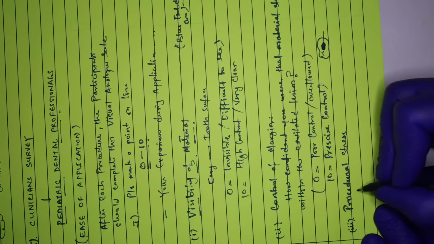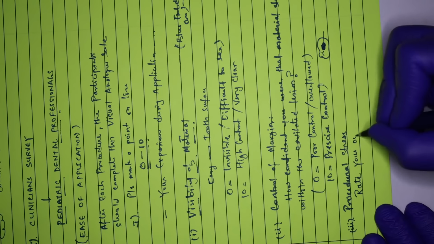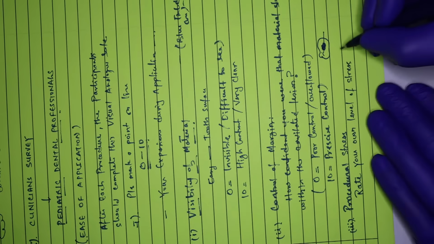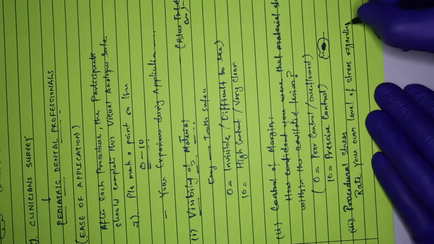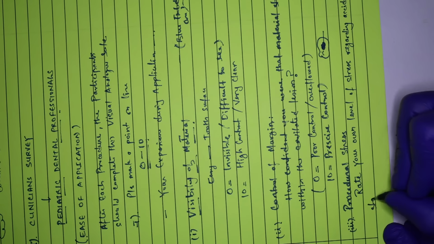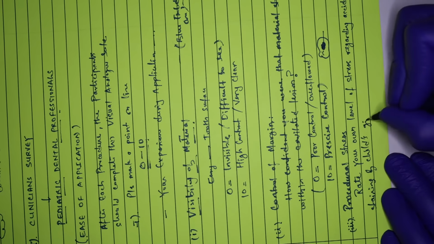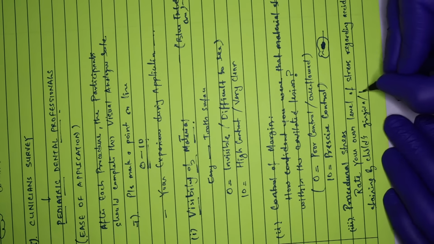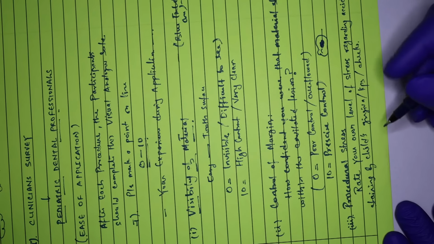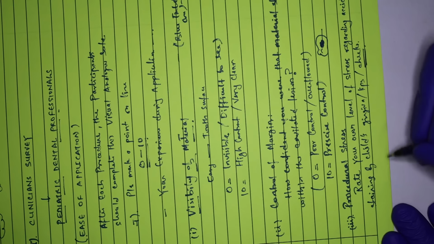And by procedural stress, we mean: rate your own level of stress regarding accidental staining of the child's gingiva or lips or even cheeks sometimes, that we touch with the same finger, the applicator brush tip, and the cheeks to relax the child, to control the child. So sometimes the cheeks get stained also.